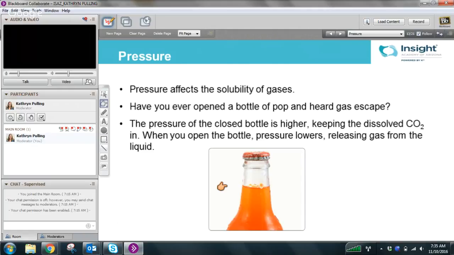Once you release that pressure and it drops, a bunch of the gas gets released into the air, and that's why you hear that pop, that fizz. So high pressure makes gases more soluble in the solvent. High pressure, better solubility.